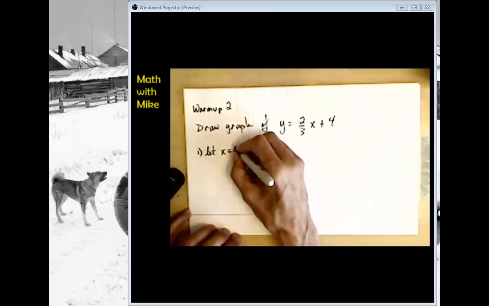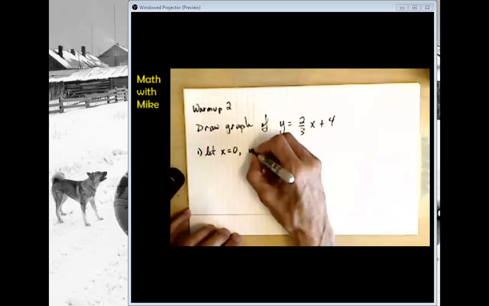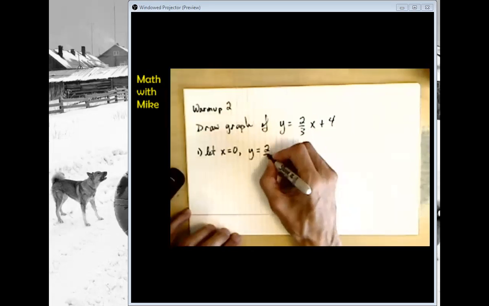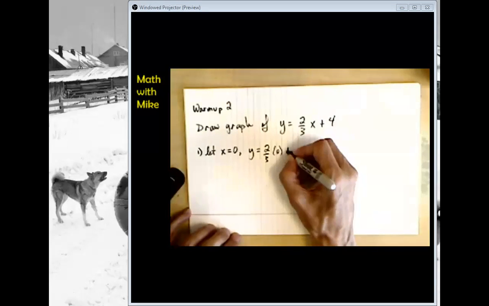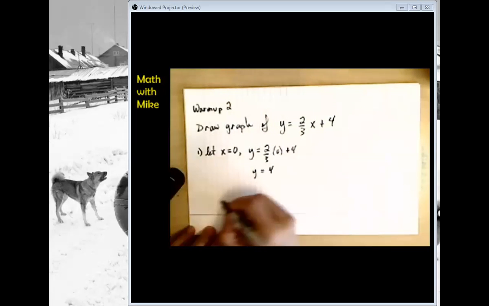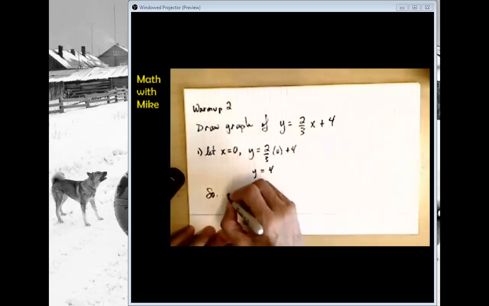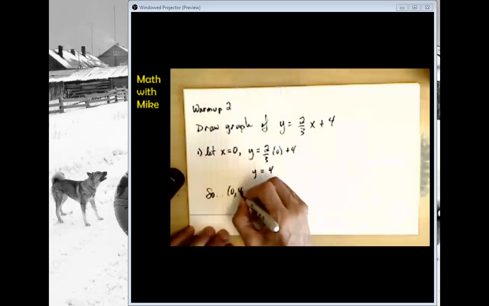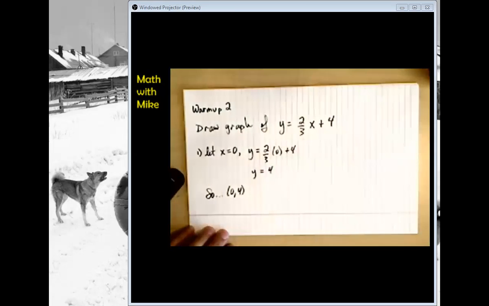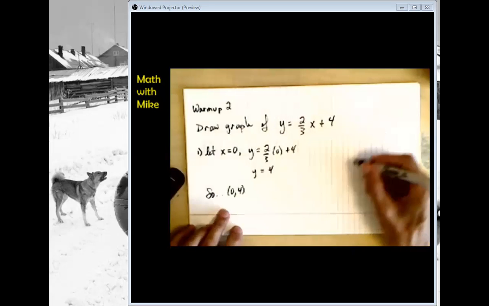So let x equal 0. We remember we can read this off directly. We get that y is equal to 4. So when x is 0, y is 4. Related to what Yo-Ya was talking about, so I put it like this. But we can read this directly if we want.